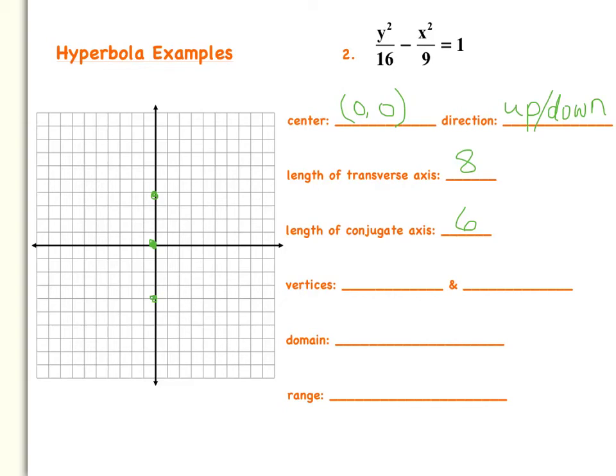Now for the conjugate axis, I will go to the left 3 and to the right 3, each from the center. Now I am ready to sketch my rectangle. I'm just going to go ahead and find my 4 corners that it will go to. And now I'm just going to sketch it with dashed lines.